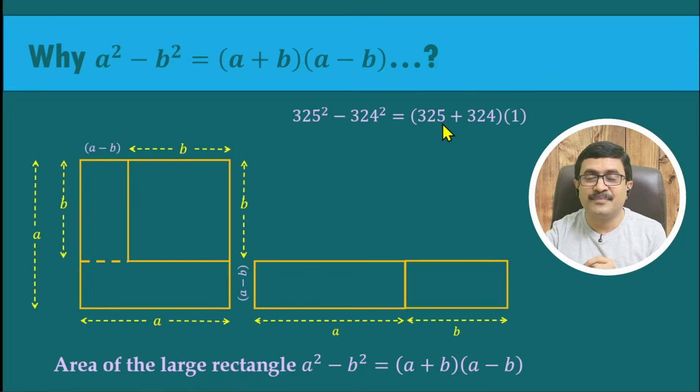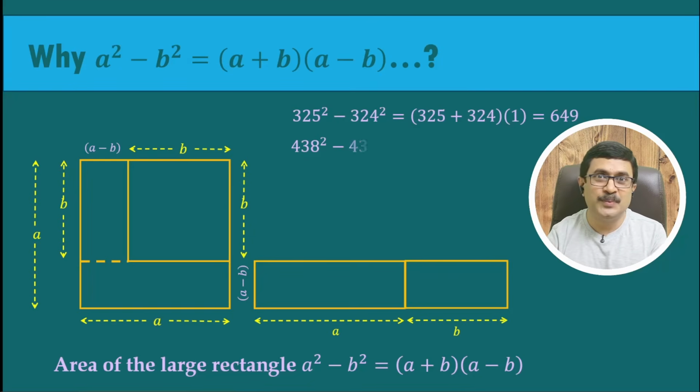But here it is super simple. You can simply add 325 plus 324 and multiply with 1, which gives the same result, and the result here is 649. Now the ball is in your court.